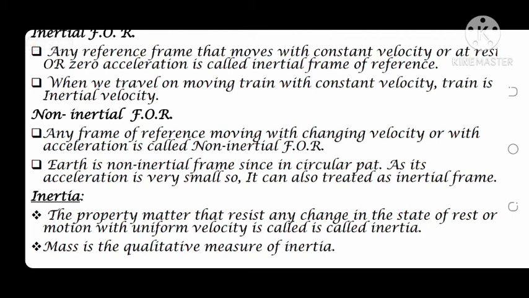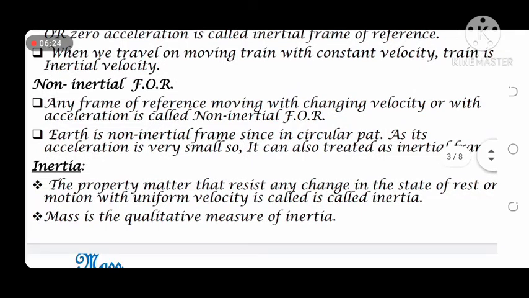Changing velocity means increasing or decreasing velocity. It can be called a non-inertial frame of reference. Earth, as I explained earlier, is non-inertial since its motion is considered in a circular path, but its acceleration is very small, so it can also be treated as an inertial frame of reference.